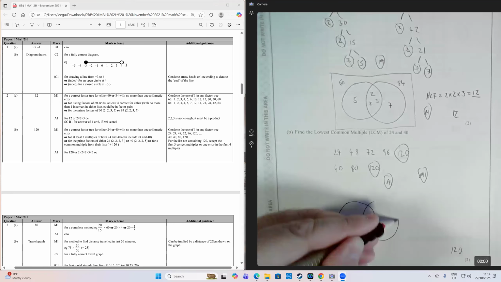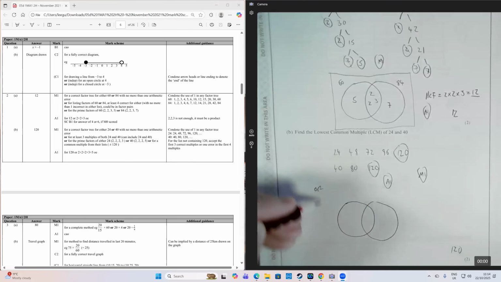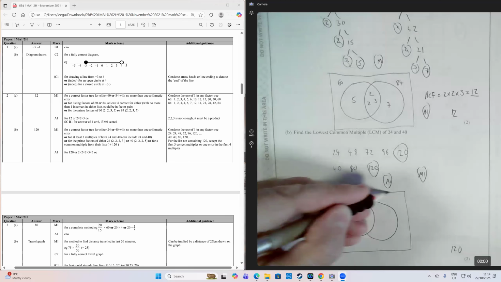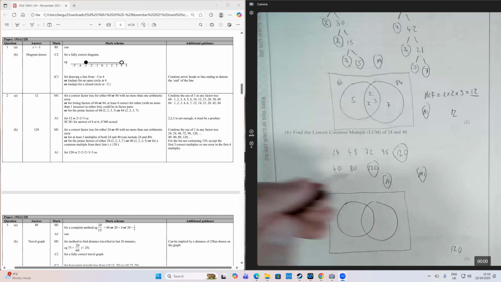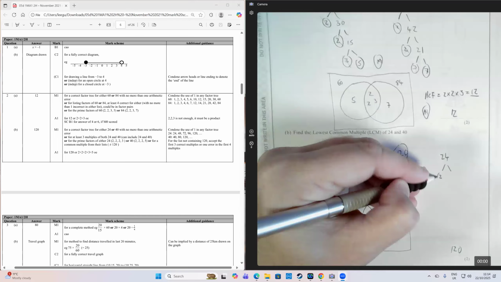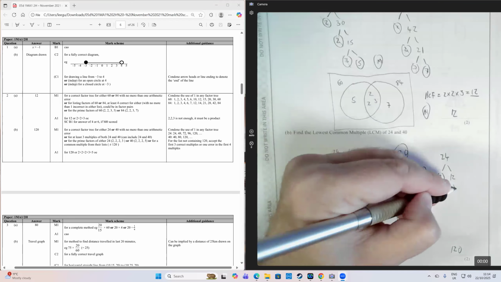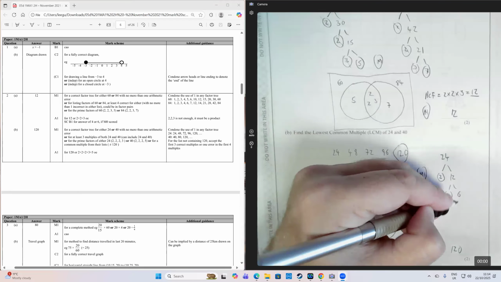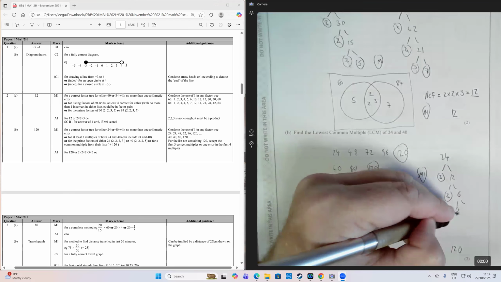Let's just look at it if I had to write down here, or I could have done this with the Venn diagram approach, okay? I would have done 24 and listed it as a product of its prime factors, so that would have been 2 and 12, which would have then gone to 2 and 6, which would have then gone to 2 and 3.